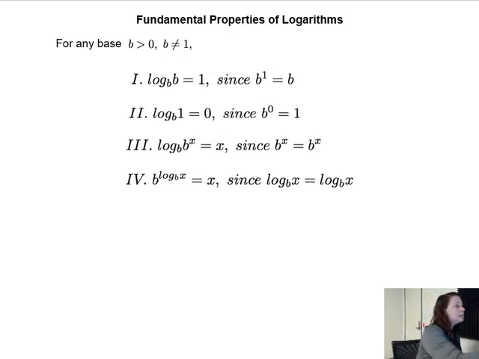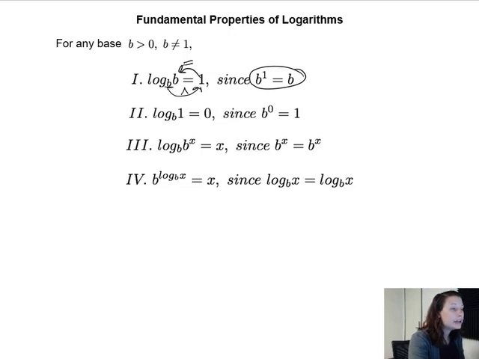Remember, we do base to the answer equals the inside. So that's how we get the exponential version.